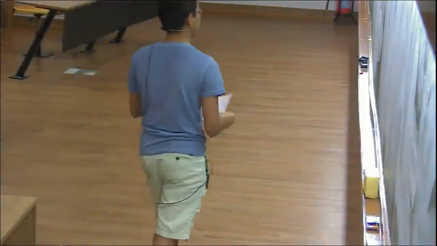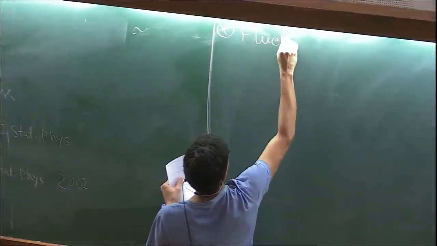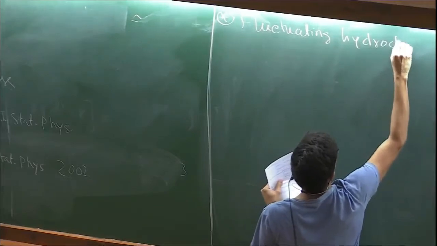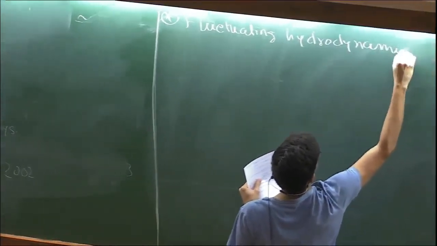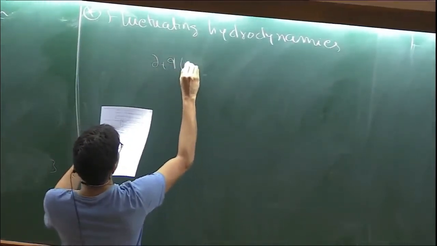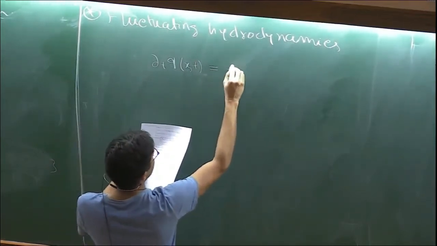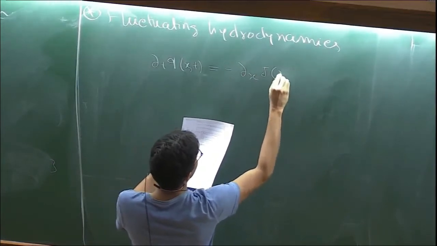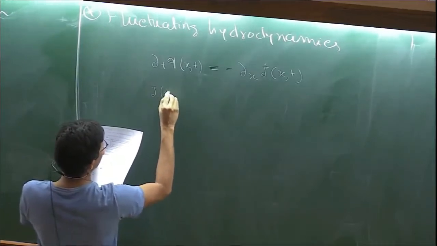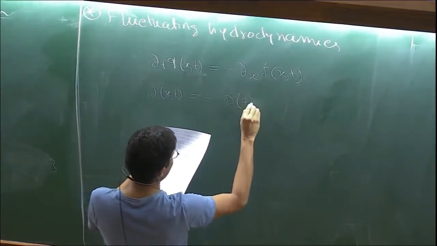So let me just repeat this part again. So far, I have this coarse-grained description, which is fluctuating hydrodynamics. I have this coarse-grained density profile in the coarse-grained space and time scale. So here is the continuity relation. And the current is given by, the first part is by Fick's law.